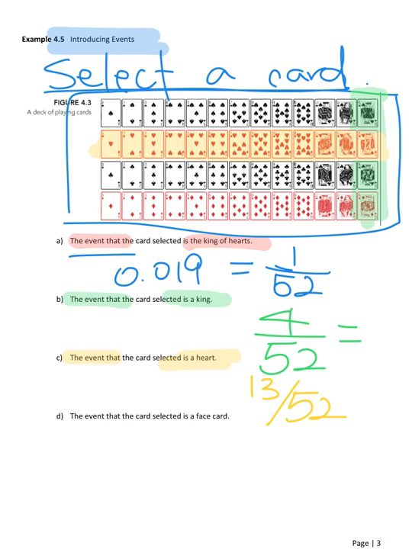The simplified ratio will be 1 out of 13. The other way I can interpret the probability of the event in part B, kings: we have only 1 king for each shape. How much is 1 over 13 as a decimal?